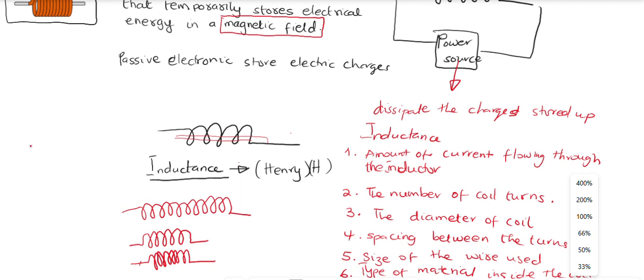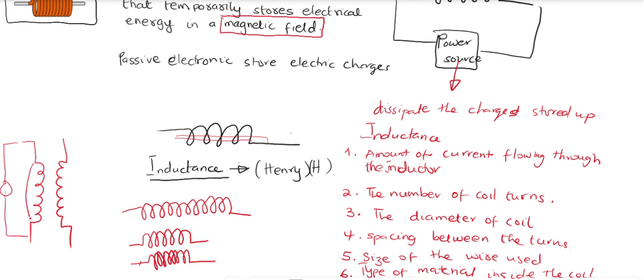Now, if I have closely placed inductors, and one is connected to a power source, the charge that is built up at one side will be transferred to the other side. This is the theory behind how transformers work. Transformers are like two inductors placed close to each other. Just as one stores the charges, it is transmitted to the other inductor and it conducts.